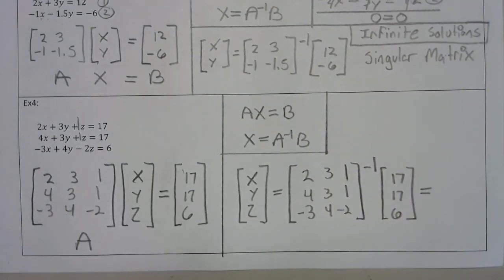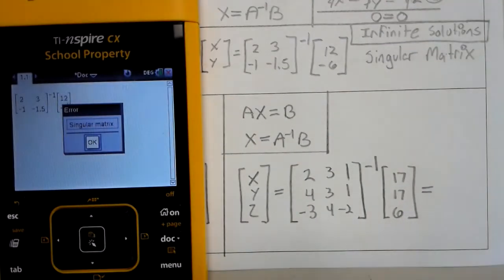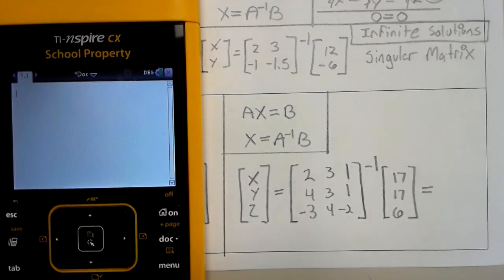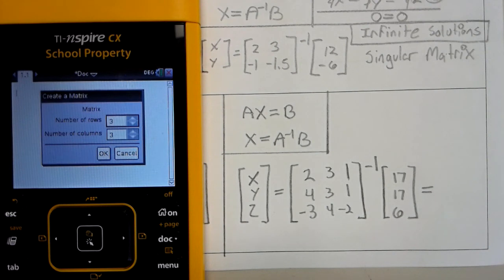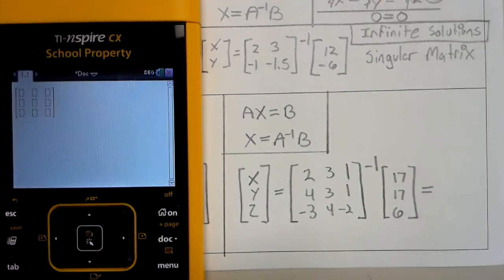Okay, so at that point, we're going to plug it into the calculator. So then you're going to press the button to the right of 9. There's 3 rows, 3 columns, press enter.